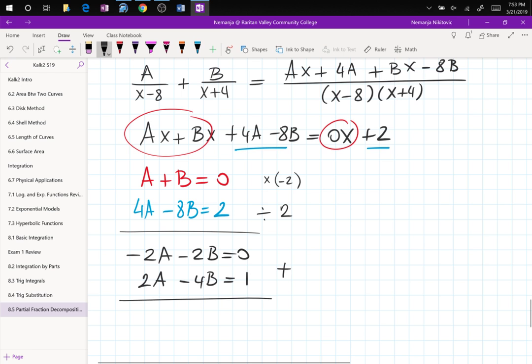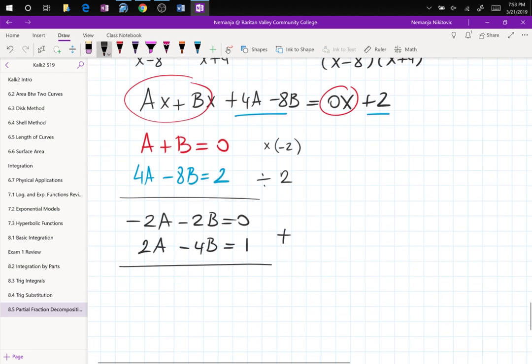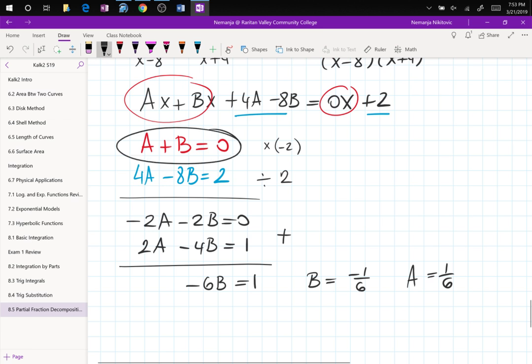When I add, these guys would add to negative 6B, which is equal to 1, from where B is equal to negative 1 over 6. And if B is negative 1 over 6, A must be 1 over 6 because they're opposites. They add to 0. Additive inverse.